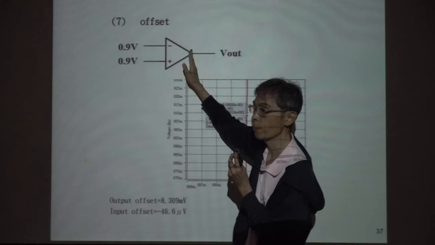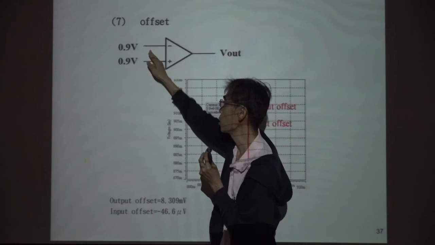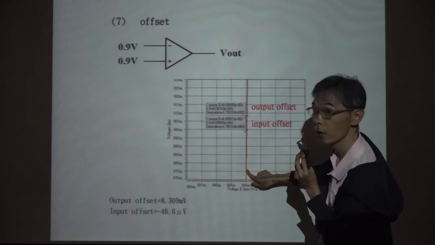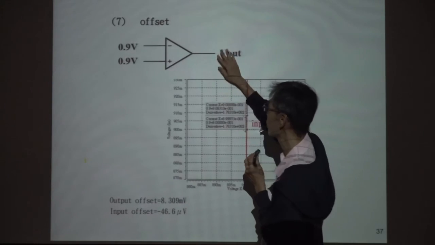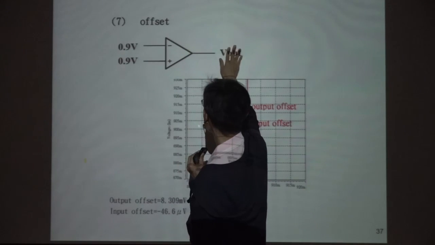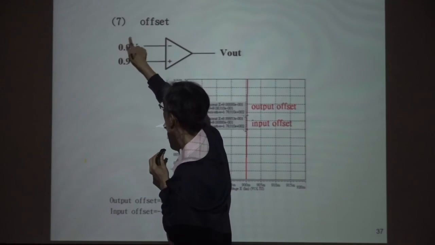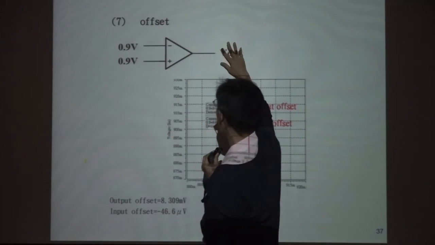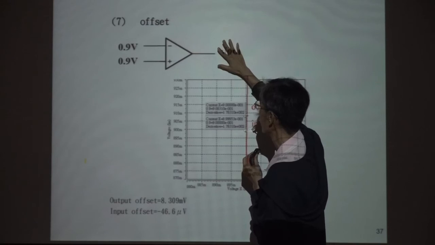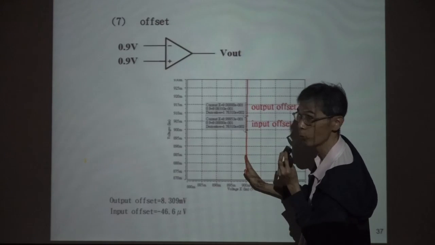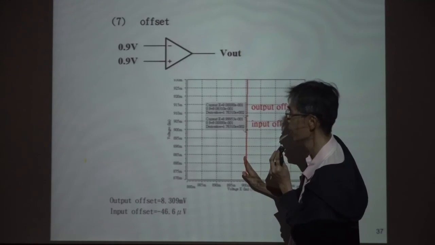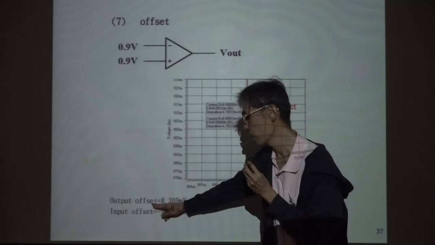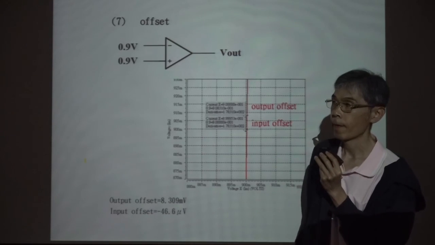So this is a perfect condition. If you use this, your circuit will give you some curve. But after that, you fix this one and change this one, you can get some value. And this value needs to fit your previous curve. In that case, you can calculate the offset. Next one.